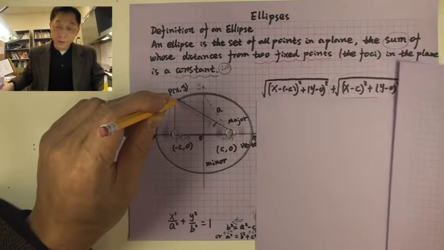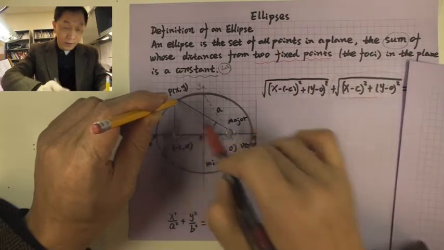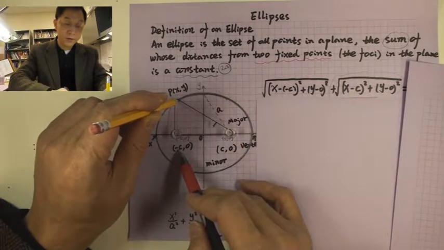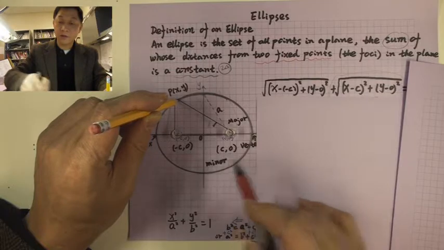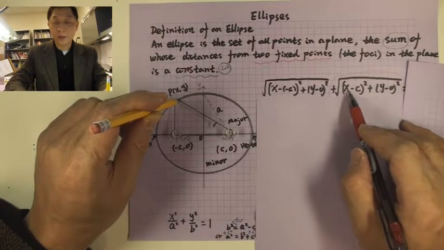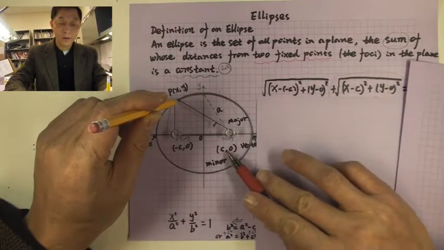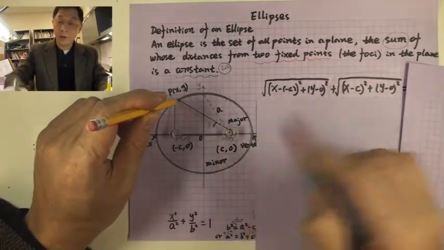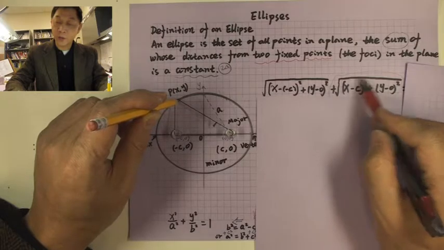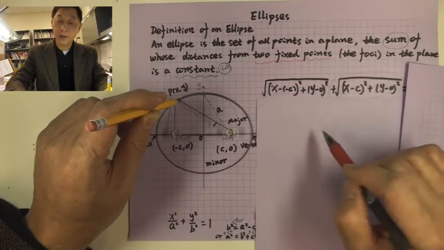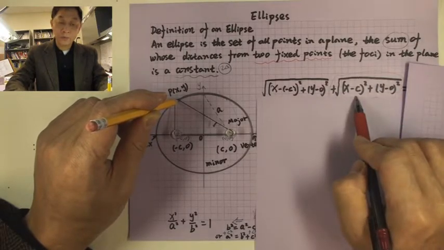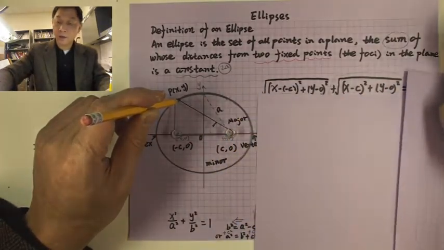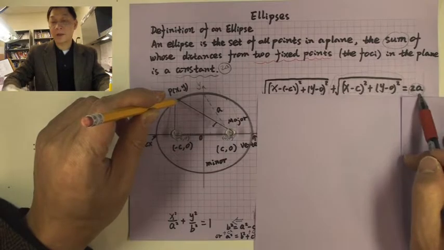And add this distance between P and this other focus. The only difference here was negative, here was positive. So square root of (x minus c) squared plus (y minus 0) squared. If we add those two, this distance with this distance together should be 2a.